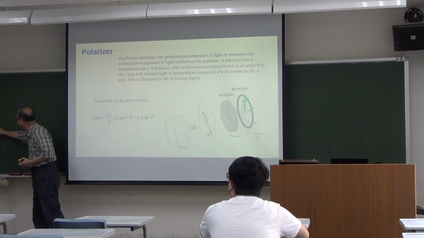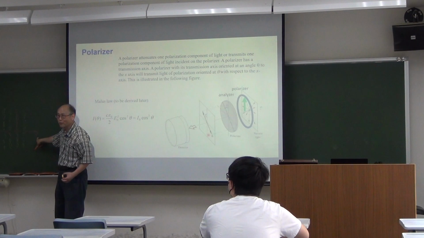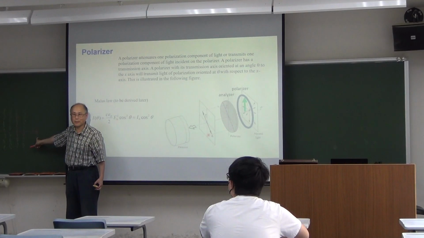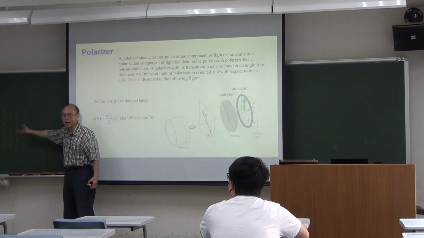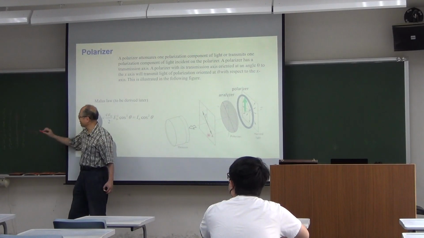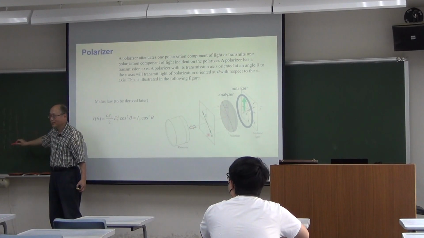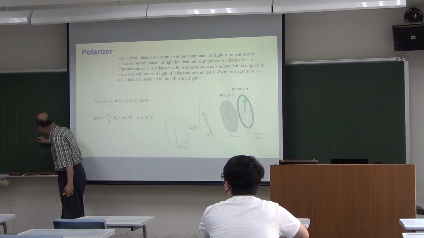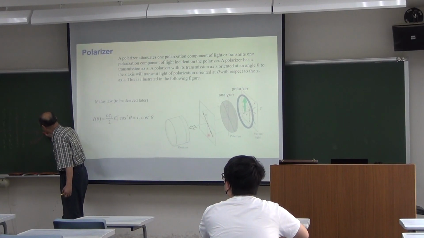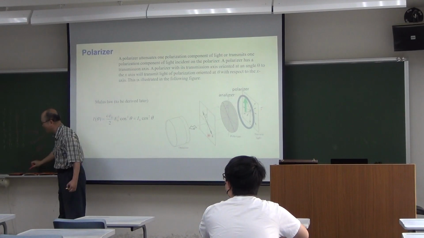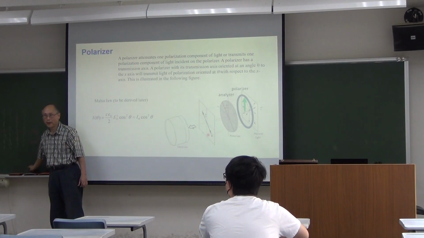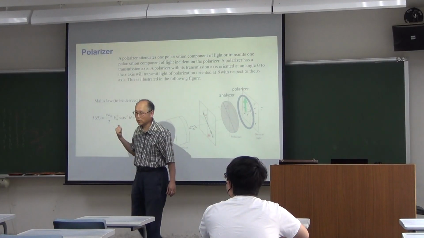Only the light that is polarized along this direction will go through, because this electric field cannot pull the polymer effectively. This is called the transmission axis of a polarizer. So this is intuitively clear.